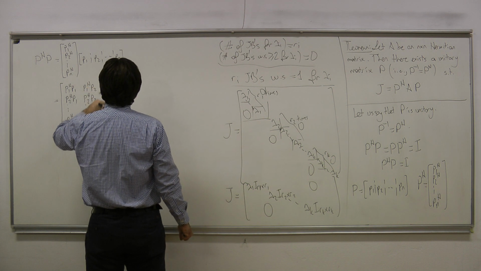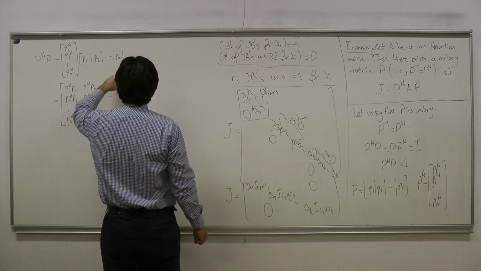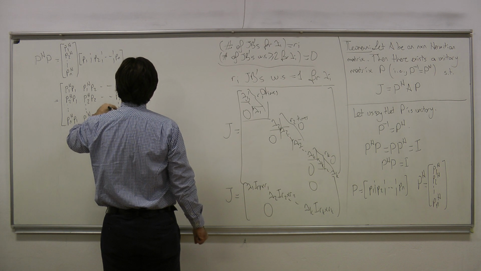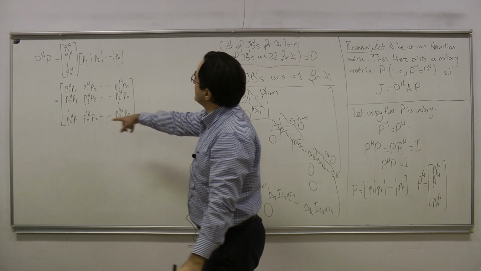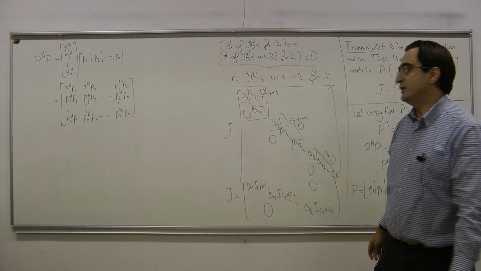These continue until the last column, P1 Hermitian Pn, P2 Hermitian Pn, and Pn Hermitian Pn. So this is the multiplication of P Hermitian with P itself.